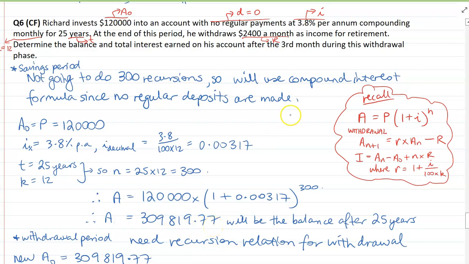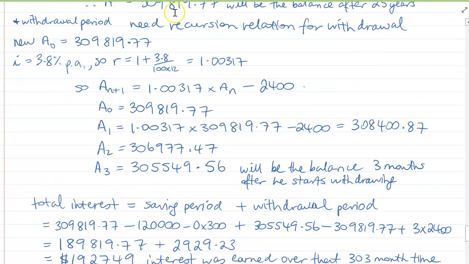$309,819.77. Now we can consider the second half of the question, which tells us he withdraws $2,400 a month as an income. So this means we're moving into a withdrawal period. Okay, so having a look at that, we must change our new starting balance or principal to be that 25-year balance.